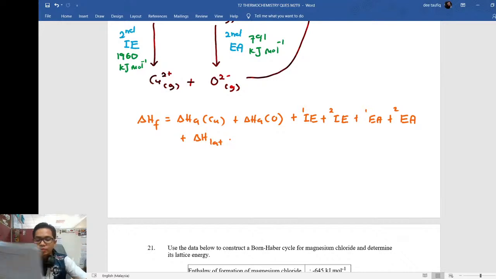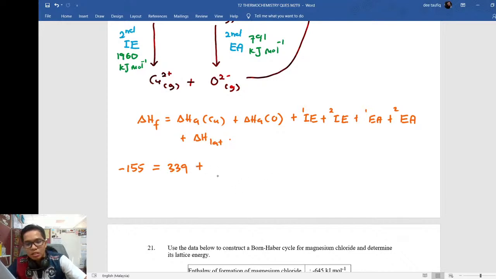Masukkan nilai. Formation negative 155 equal to atomization Cu 339 plus atomization oxygen 248 plus first IE 745 and second IE 1960, and then EA.